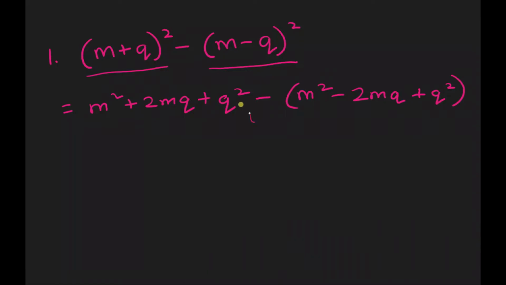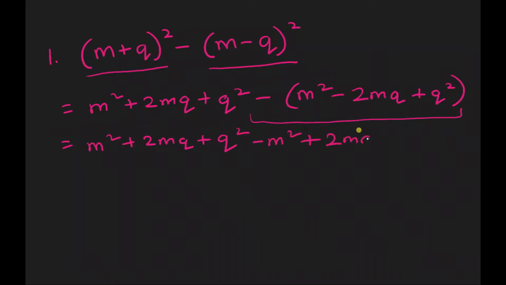Now we need to expand this second bracket by multiplying all of these individual terms with the minus outside of the bracket. And this will give us m squared plus 2mq plus q squared minus m squared plus 2mq minus q squared. Let's now collect all the like terms. So we can cancel out the m squared and the q squared, which leaves us with 4mq.